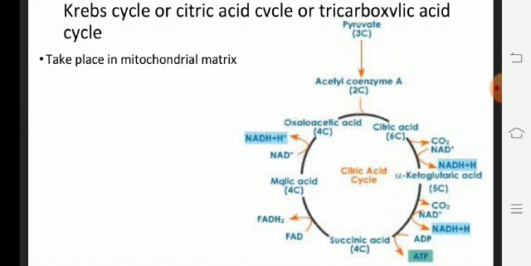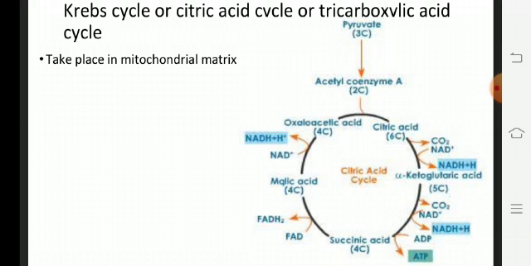This is the third step. Alpha ketoglutaric acid is converted into succinic acid, containing 4 carbon atoms, by the enzyme succinate thiokinase.